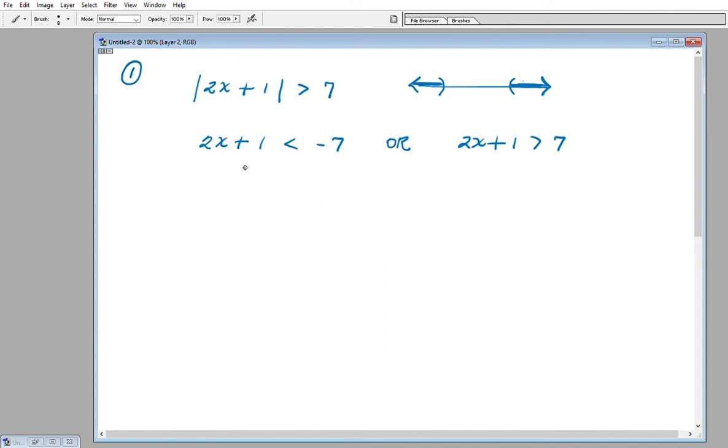Okay, so let's just fill this in. So subtract 1. And we have 2x less than minus 8. And divide by 2. And we have x less than minus 4. So the less than part, that's here. So we can fill that one in. Okay, and let's do this one, subtract 1.